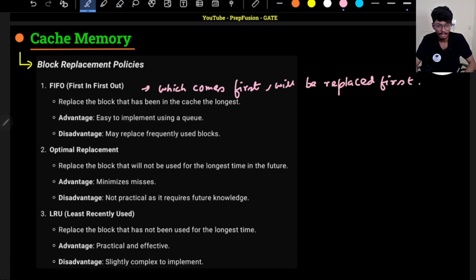Also, one more thing: who will do these replacement policies?